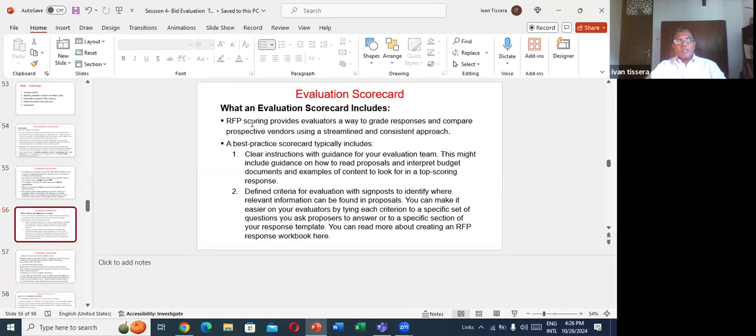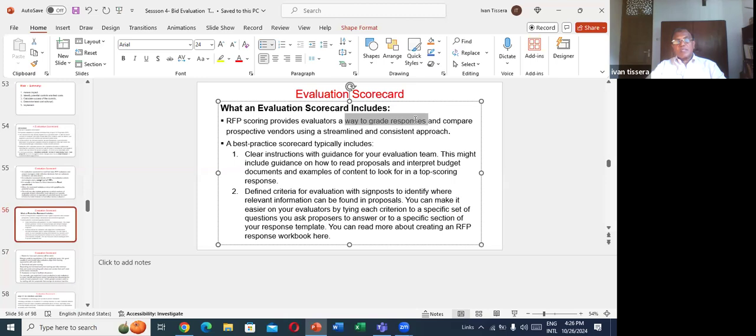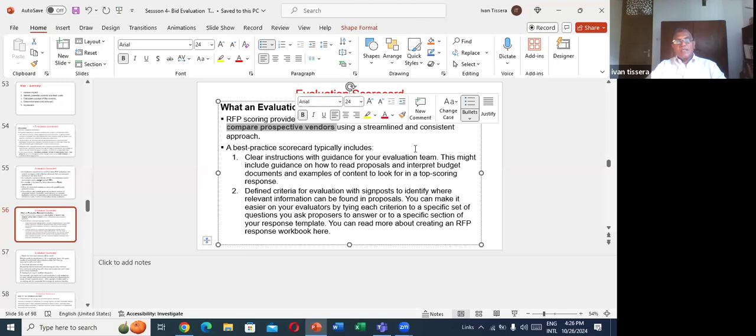An evaluation scorecard includes one, RFP scoring, which provides evaluators a way to grade responses and compare respective vendors using a streamlined and consistent approach.